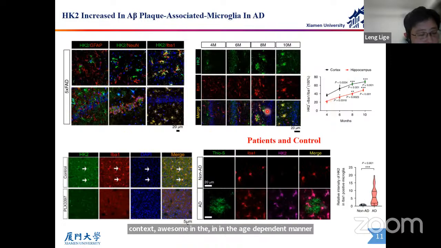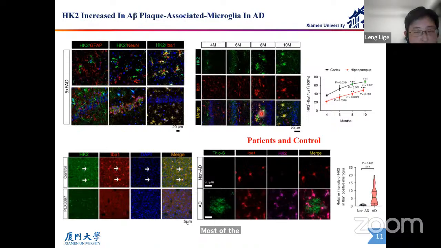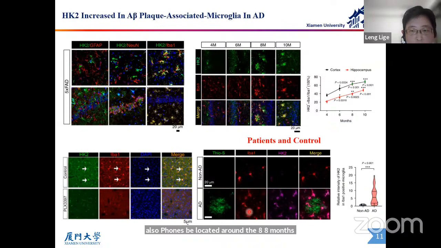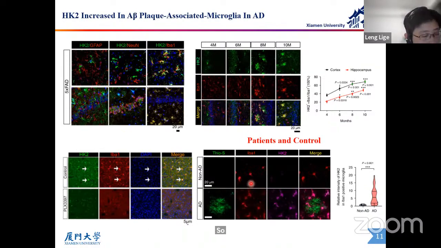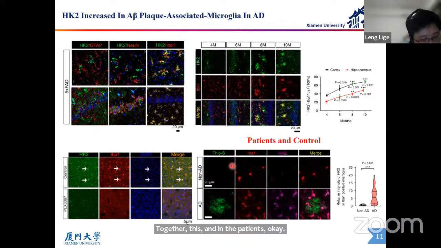Most of the HK2 signals were also found to be located around the amyloid-beta plaques. Together, in the patient, HK2 staining intensity in the plaque-associated microglia was also significantly increased.